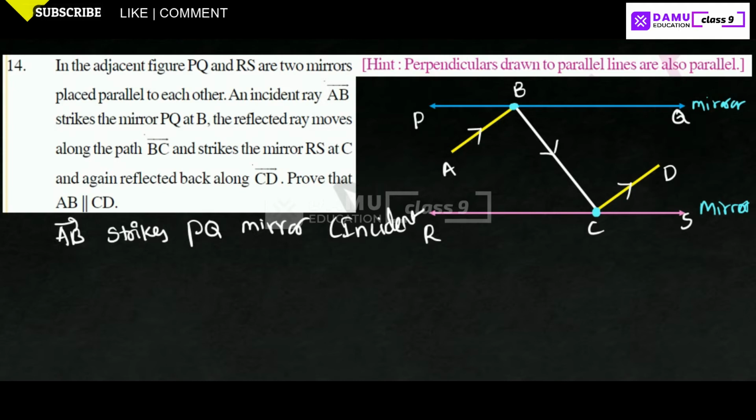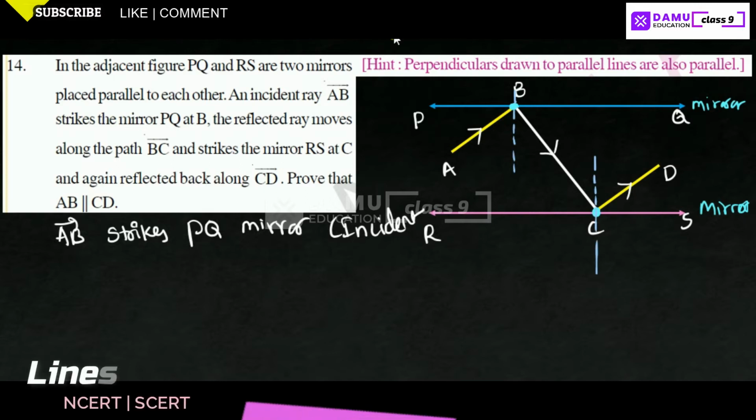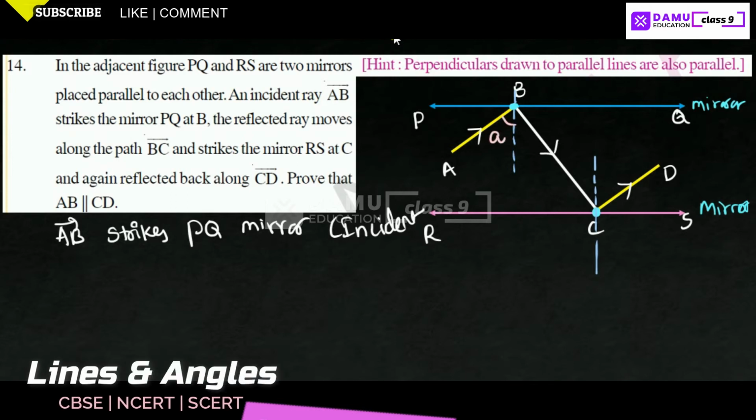Let's take the incident angle as A here, and the reflected ray's angle, let's take it as B. Then this is the angle of incidence.